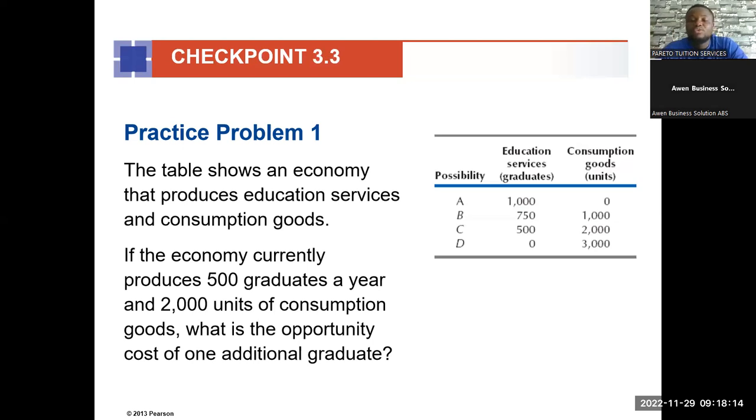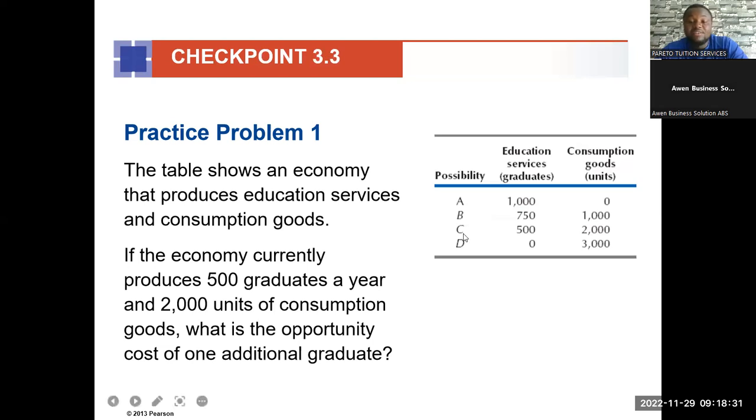If we were to just move from C to B, we'll only increase the educational service by 1. If it's just by 1, then there's no need dividing it by 1 again, because any number divided by 1 is still the number.